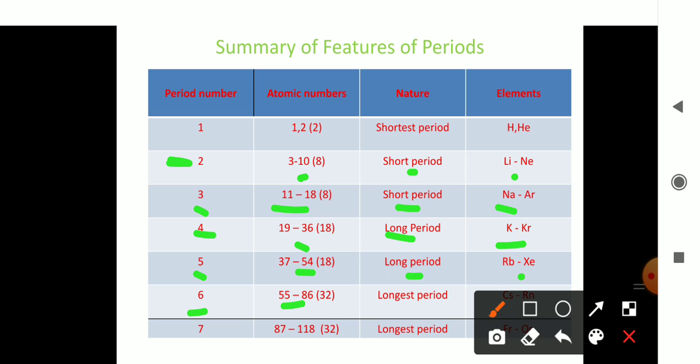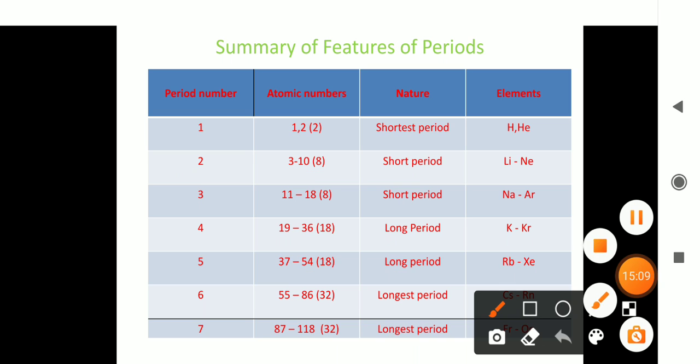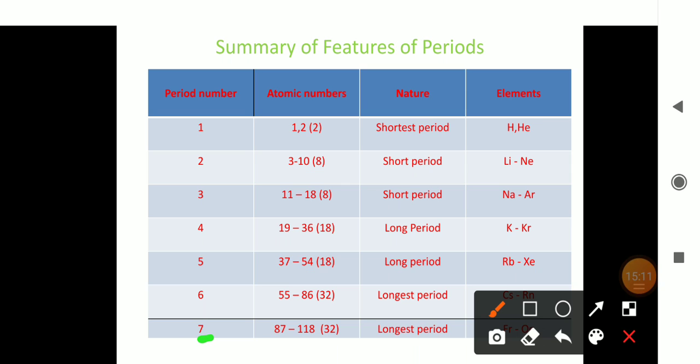It is the longest period, and the elements are from cesium to radon. Then finally, period number 7, atomic numbers 87 to 118, number of elements 32. It is also a longest period, and the elements present here are francium to oganesson.